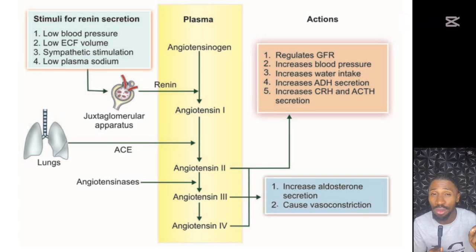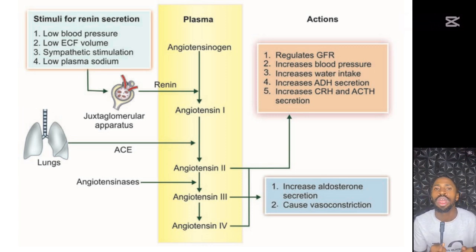Angiotensin 2, an octapeptide, is the most active form of all the angiotensins, which we will talk about later. Angiotensin 2 is converted to angiotensin 3, a heptapeptide, by angiotensinase. Angiotensin 3 is then converted to angiotensin 4, a hexapeptide.